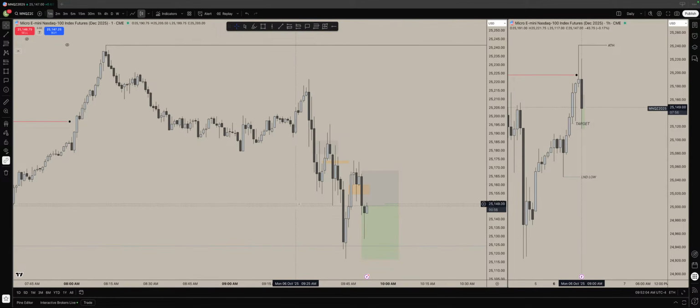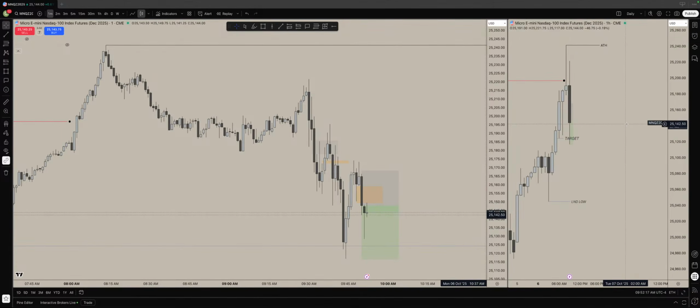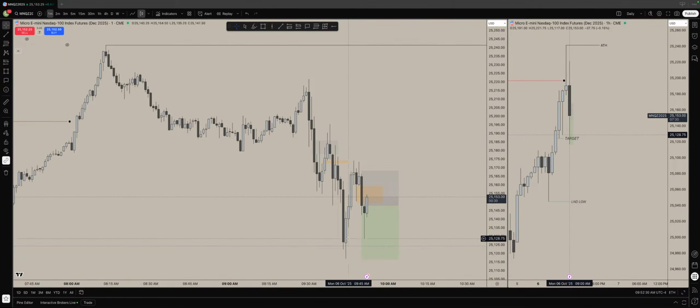So yeah, I would do break even there. I think this 10 o'clock candle is going to be quite the interesting one, and I personally think it's going to be bearish. But we'll see here now.